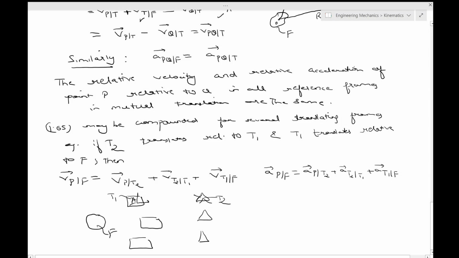Let's call it A, let's call it B, and if you have a point P somewhere over here, all translating frames. These lines show the path of A and B. So any point P which is over here like this, the velocity of it can be written in the F frame, and acceleration can be written in terms of the F frame using these expressions.